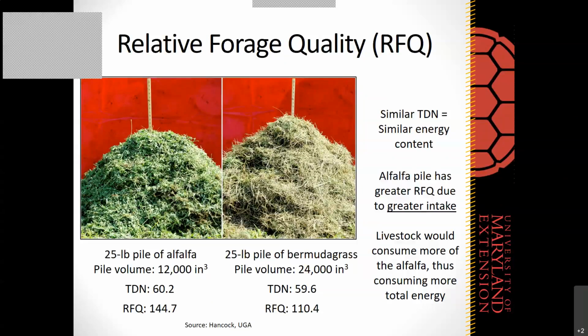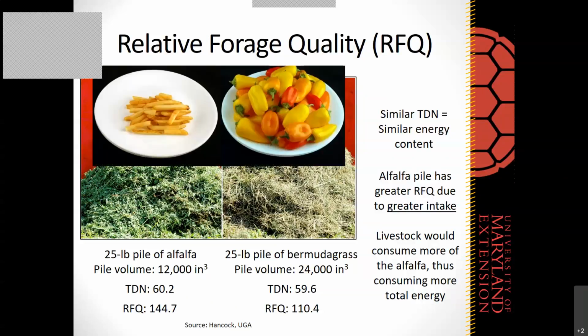To simplify that a little bit, or relate it to something we might think about as humans: think about a plate of French fries versus a plate of peppers. You can put an equal amount of energy on both of these plates.